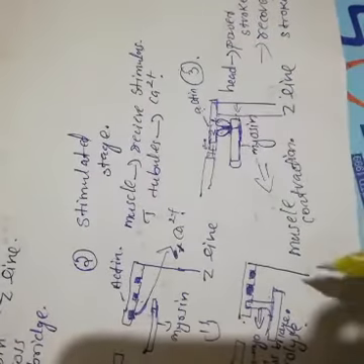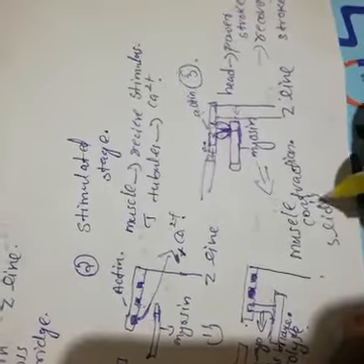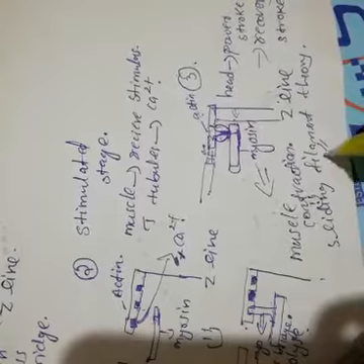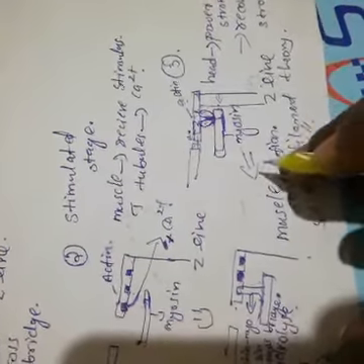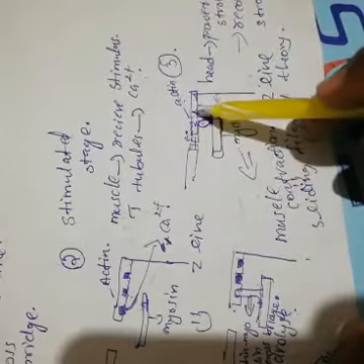We are explaining muscle contraction by the sliding filament theory. The name sliding filament theory is given because we can observe the movement of actin filament.